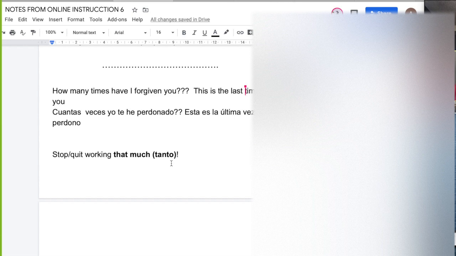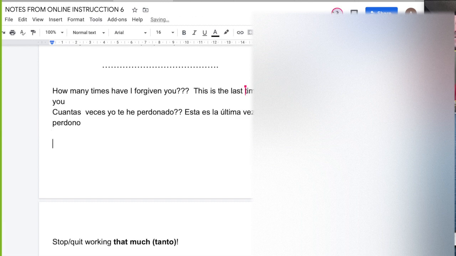Stop, quit working. No recuerdo stop. ¿Tú recuerdas, Finn? Es importante. Deja de. Sí. Venga. De. Dejas. Deja. It's a command. Command always like this. Deja.